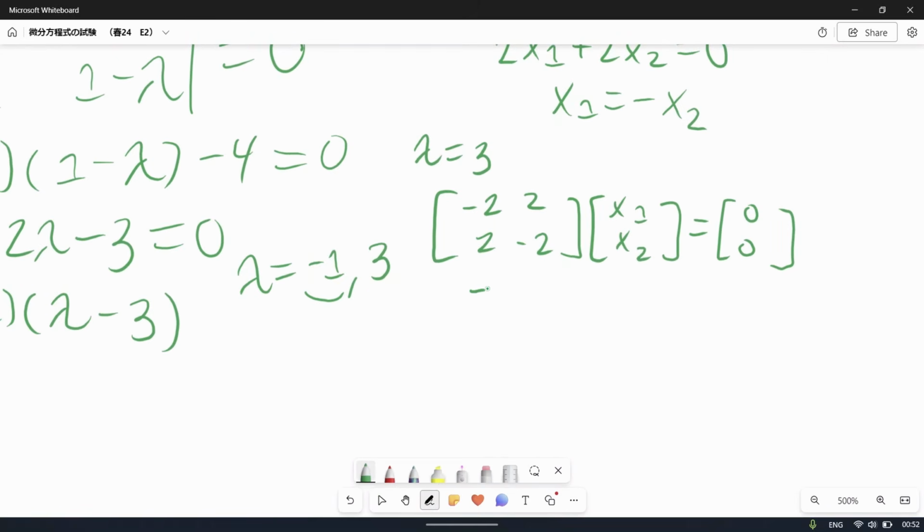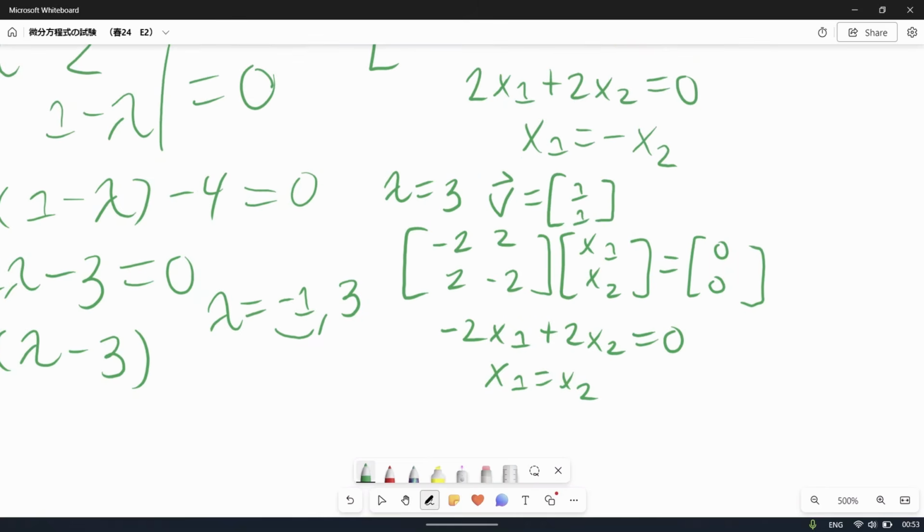So you end up with negative 2 x sub 1 plus 2 x sub 2 is equal to 0. Pick two numbers. When you move things around, you end up with x sub 1 equals x sub 2. So I'm just going to use 1 and 1 as a result. So the corresponding eigenvector for this eigenvalue is going to be 1 and 1.